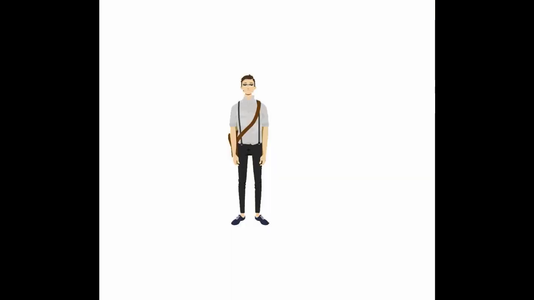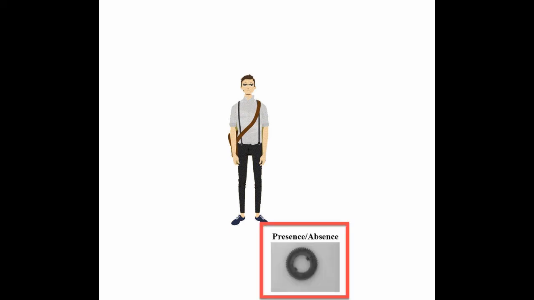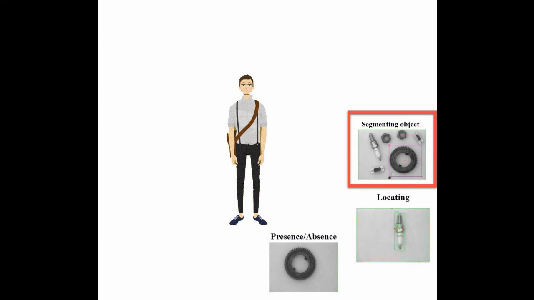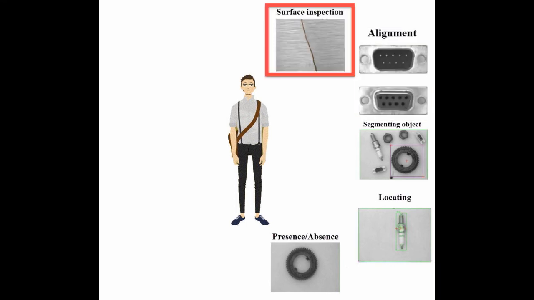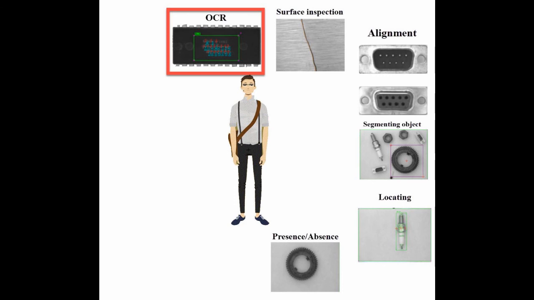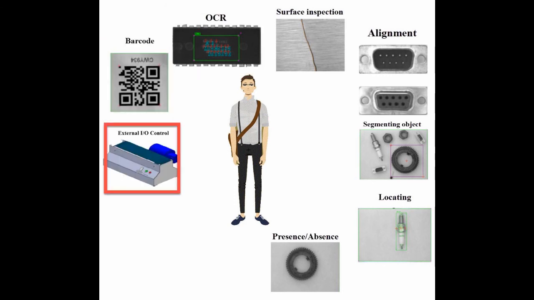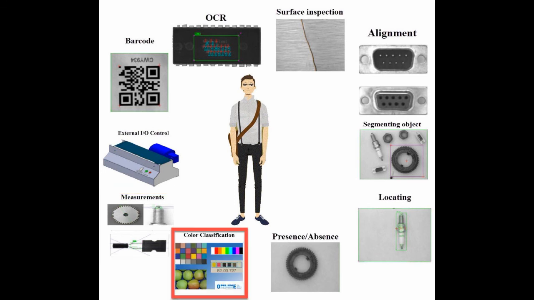This ebook has given me a practical experience on machine vision. Presence and absence, locating objects, segmenting objects, alignment, surface inspection, optical character recognition OCR, sorting, barcode, external I/O, measurement, and color classification.